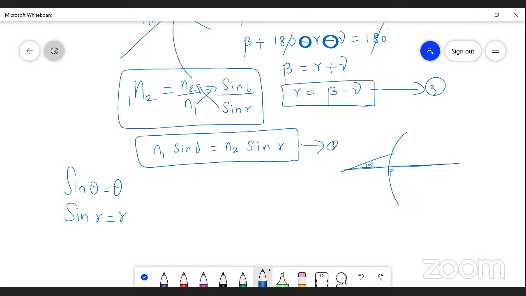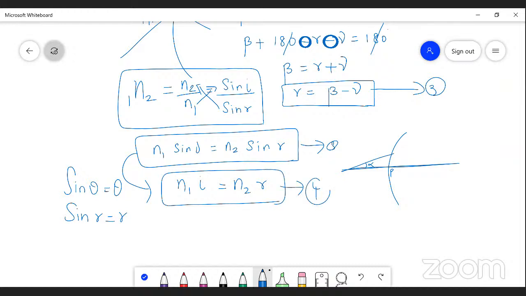So n1 sin I becomes n1 I, and n2 sin r becomes n2 r. This is the main equation for small angles: n1 I equal to n2 r.